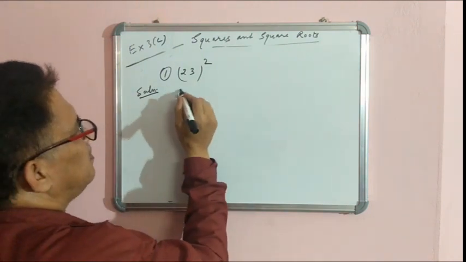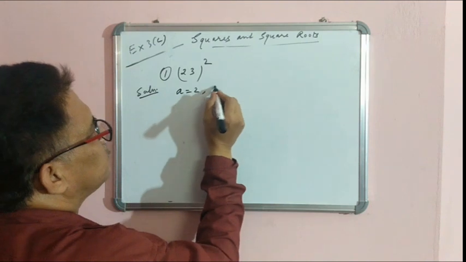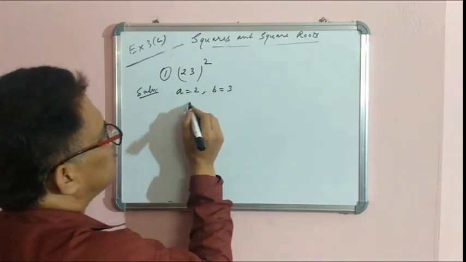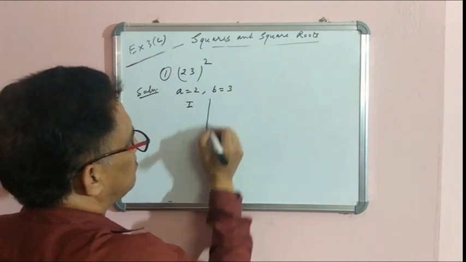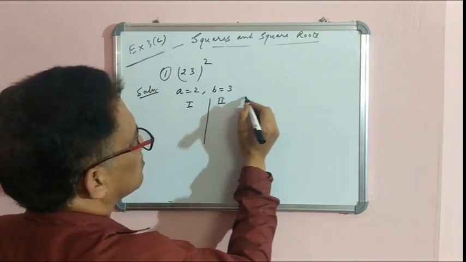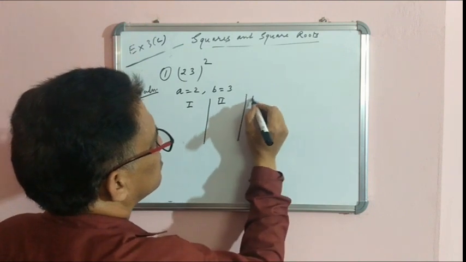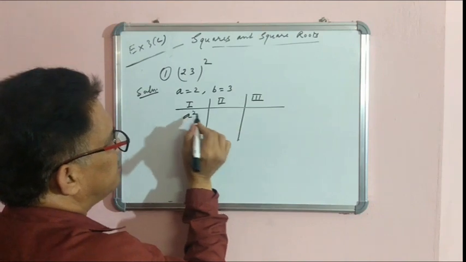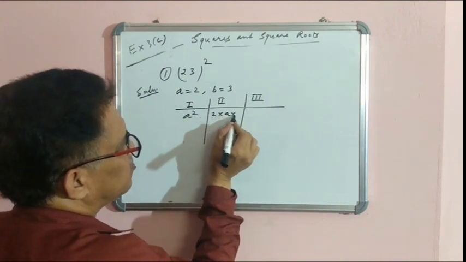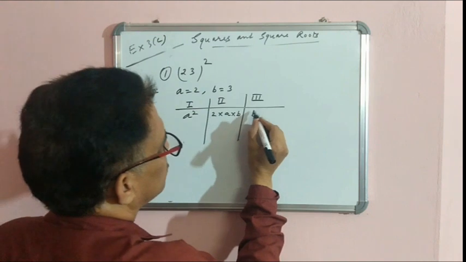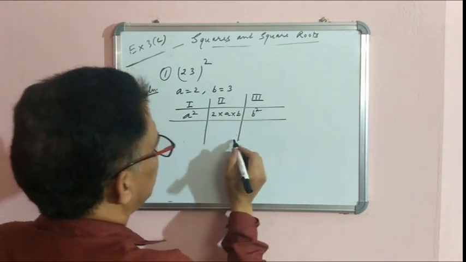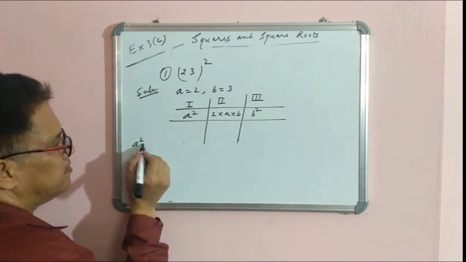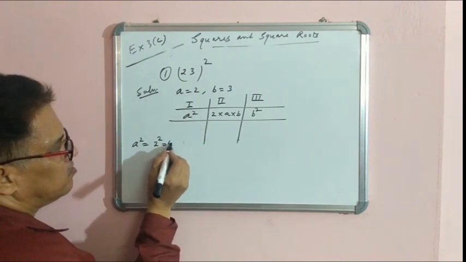Again here A is equal to 2, B is equal to 3. So in the first column, second column, third column, what we have to write? A square, then 2 into A into B, and here B square. Then we will calculate the values. A square, that is 2 square, is equal to 4.